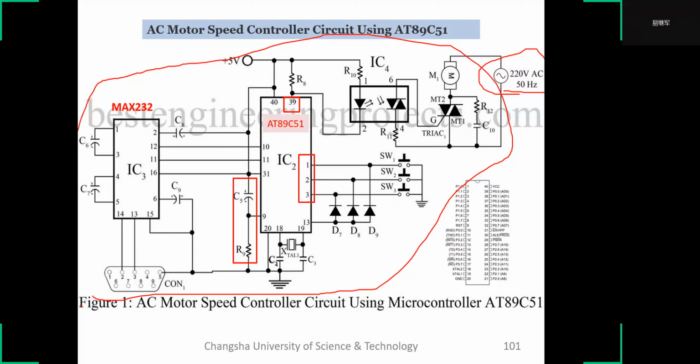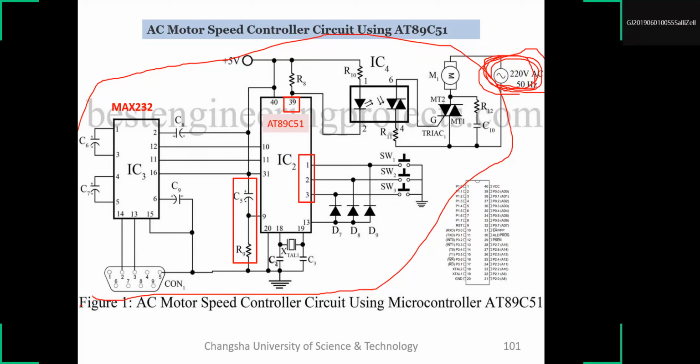Other components exist in the software, which means other parts of this circuit you can draw, but without the AC motor.